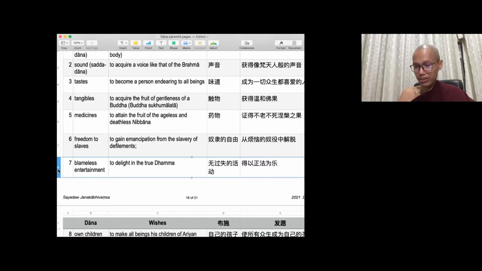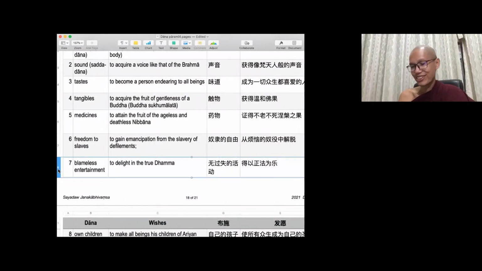So for what does a Bodhisattva donate? What is his wish? To be happy in the noble Dharma. Some people practice Dharma because of knowledge. They find listening to the Dharma good, but when they practice, they cry like that.